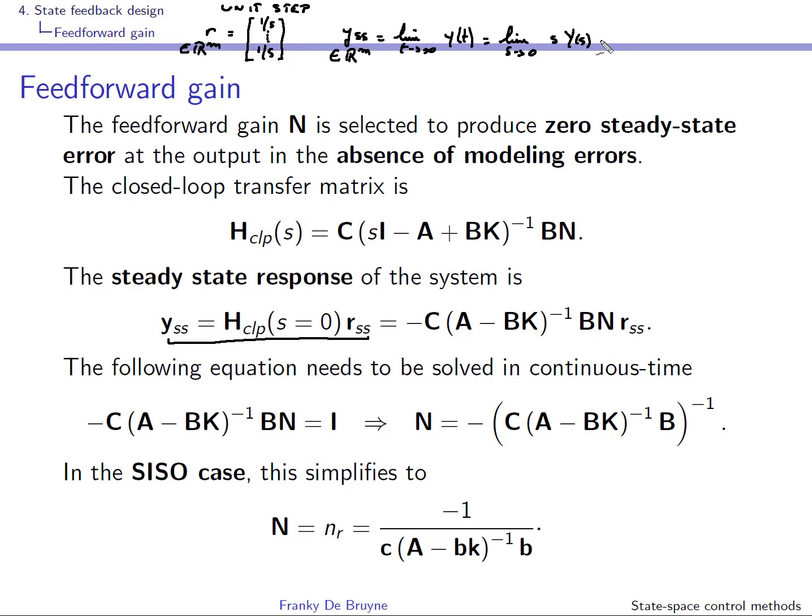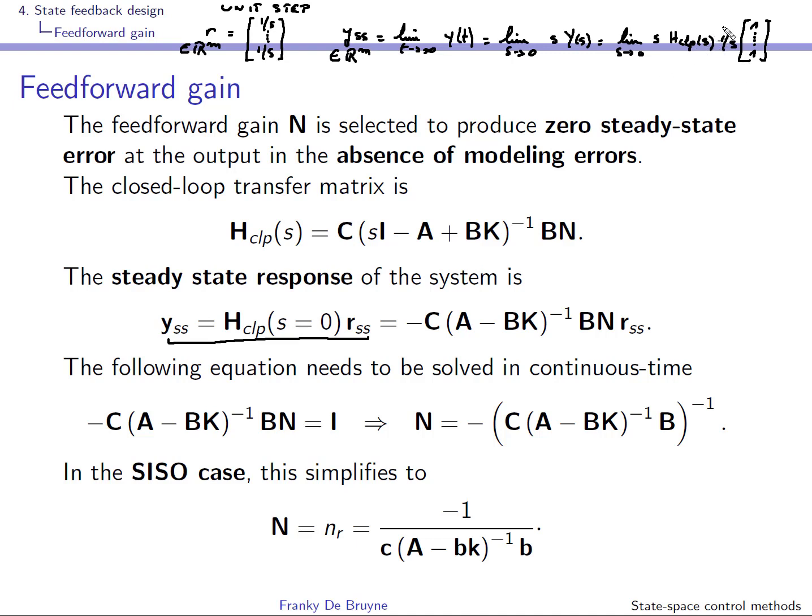So we can write it as the limit when s tends to 0 of s times the closed loop transfer matrix, and this one we'll rewrite slightly differently. We'll put the 1 over s in front, and therefore we have here a vector with exactly m ones, right?